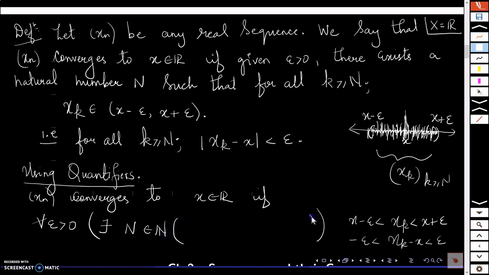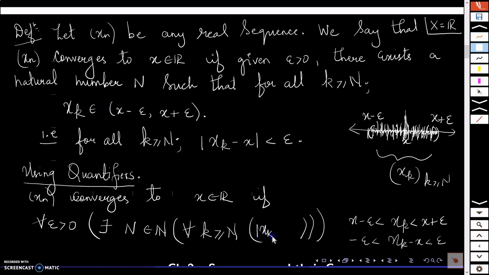such that for all natural numbers k bigger than or equal to n, again the universal quantifier, for all k bigger than or equal to n, what should happen? Xk should come in this interval, right? So instead of this, I will put this modulus because I prefer this.